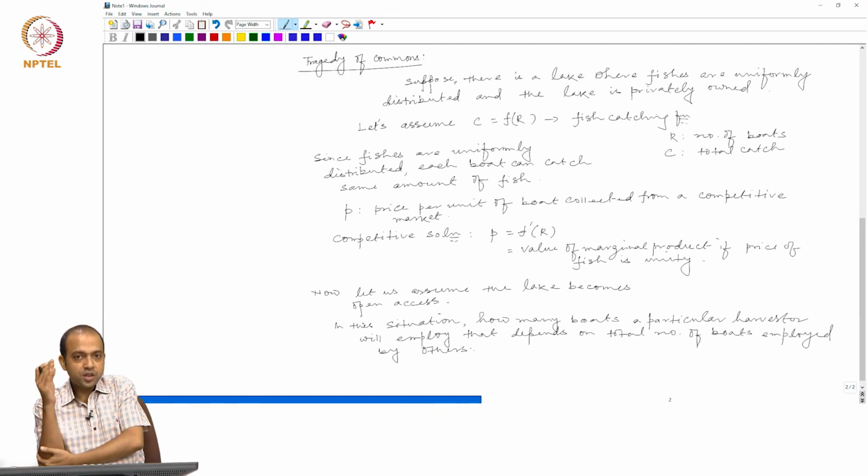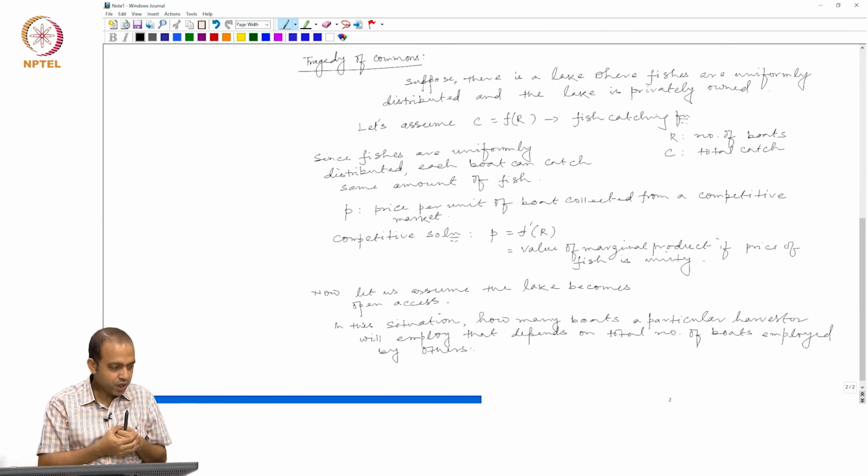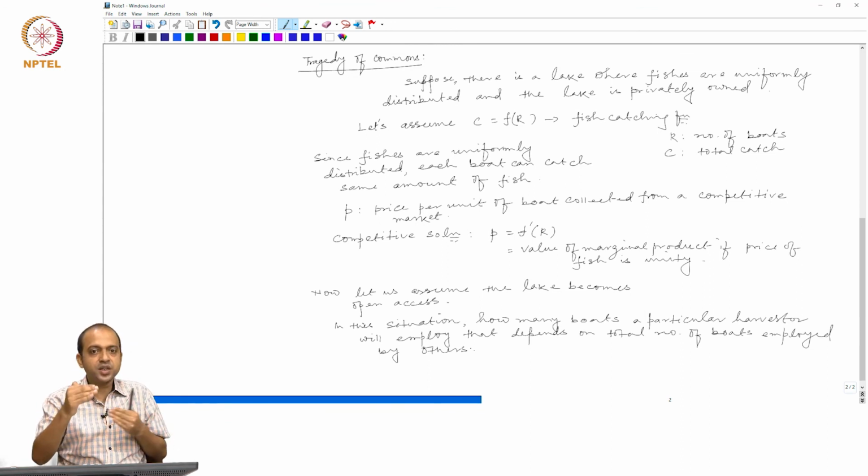Otherwise, when the others are extracting at a faster rate, my strategy would be also to employ too many boats to increase my share of extraction. Okay, my share of extraction. So it becomes a strategic situation now.